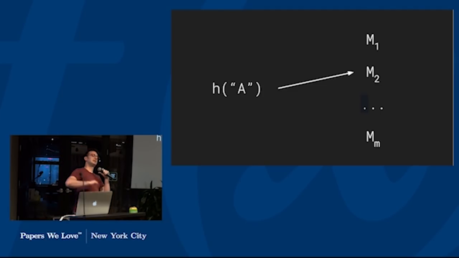Just a quick note. The authors use the notation of having each substream called big M, but they pick little m of them. So if the m's get ambiguous, I'm sorry, it's not my fault. They also call the substreams registers. They sort of switch interchangeably at some point in the paper. So if I start saying register, I mean substream. All right, so we've got A, it's going to the second substream.